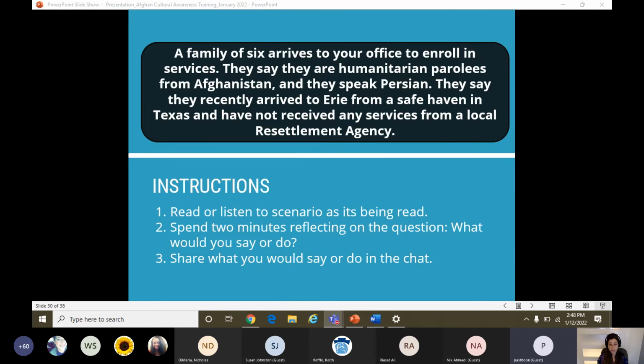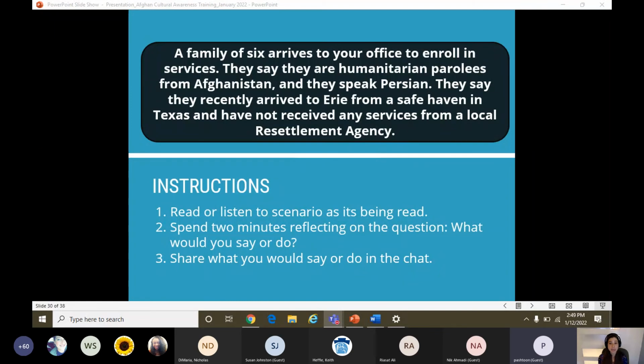With this group, you might hear, I'm not connected with a resettlement agency, because they are humanitarian parolees who arrive from a safe haven and say they're not receiving services. So you're going to want to ask, are you connected to a resettlement agency? Maybe your expectations are very high and the resettlement agency is able to respond to them because this is the highest number of arrivals that they are dealing with in a very long time and can provide limited services?